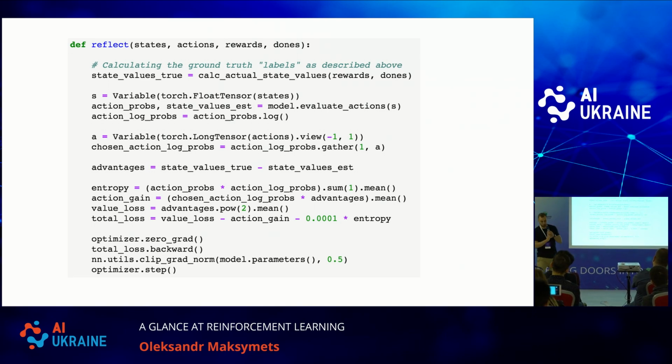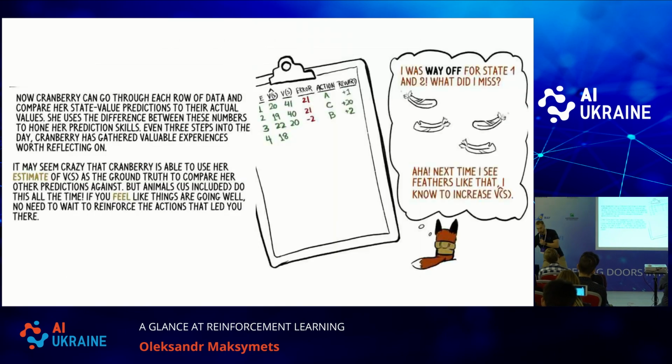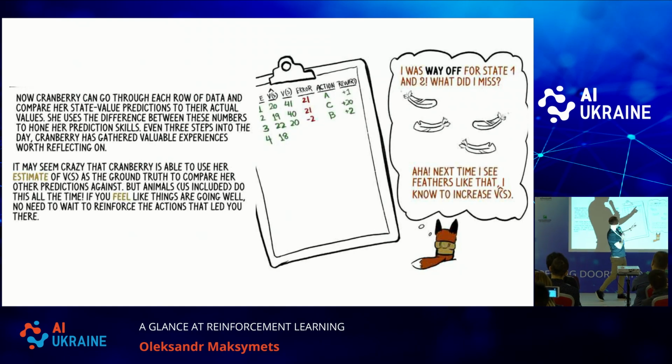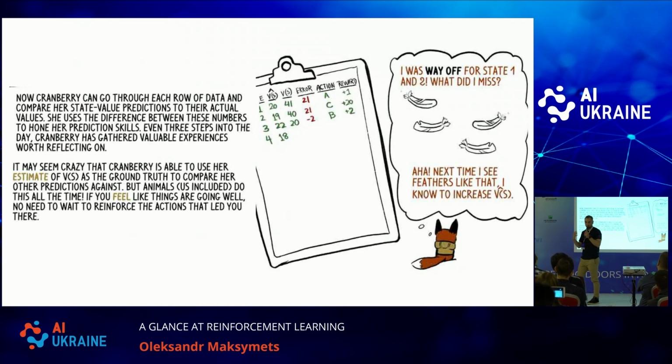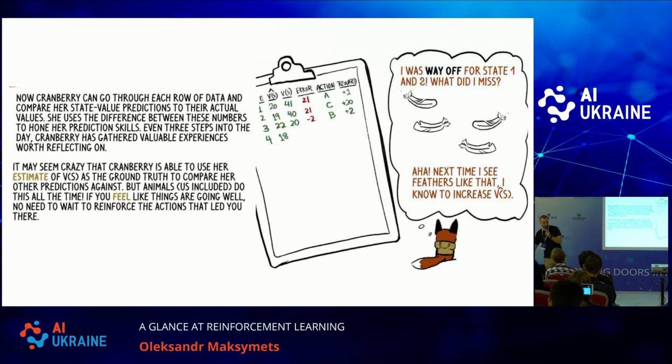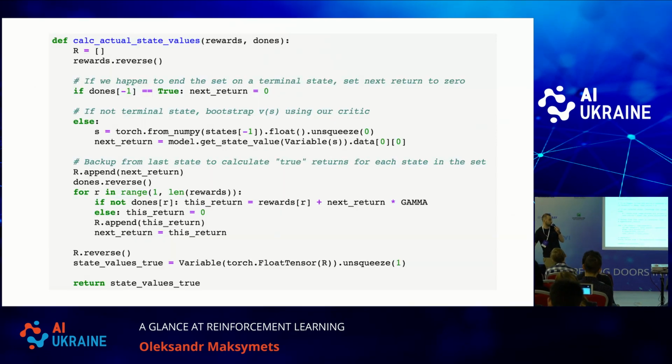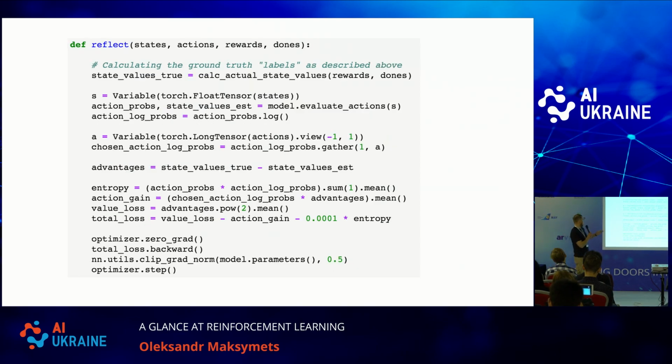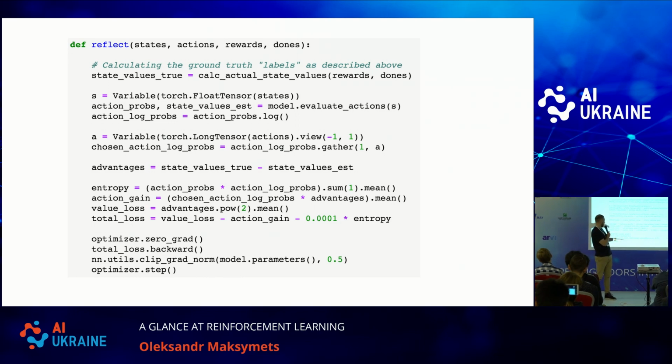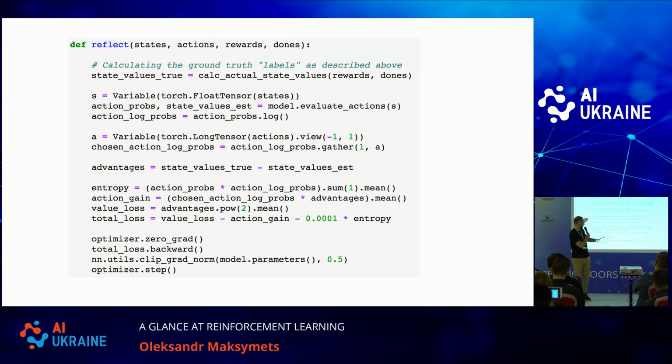For these actions we calculate log probability because we want to know how likely those actions were. If they are good, we want to use that in our backpropagation for error. We will talk about this on other slides as well, so I think we will cover it additionally.